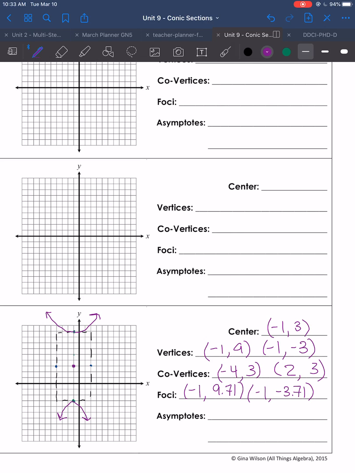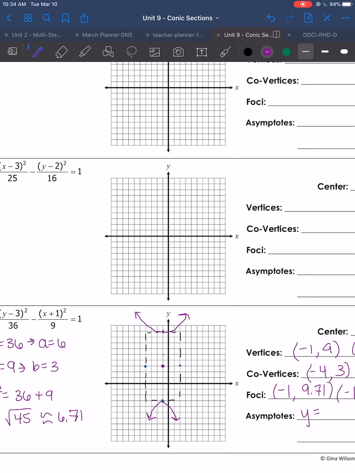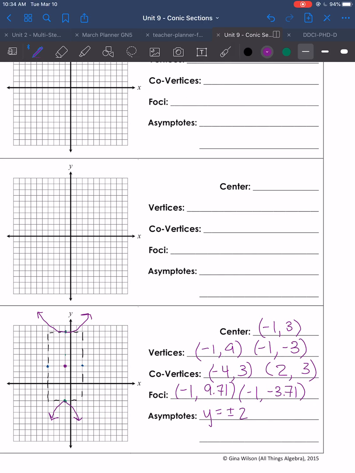And then to find my asymptotes, I'm going to take y equals plus or minus a over b, so 6 over 3 is plus or minus 2, times x minus h, so x plus 1, plus 3. Then I need to distribute and simplify, so I get y equals 2x plus 5, and then y equals -2x plus 1.